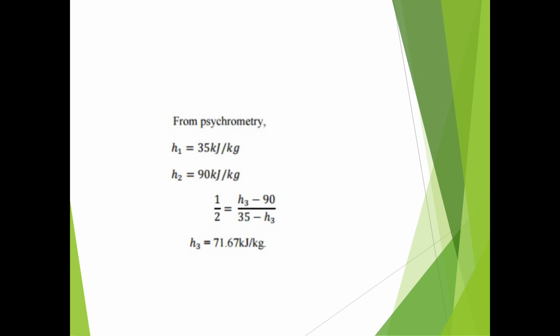From the psychrometric chart, we can determine that H1 is equal to 35 kilojoule per kilogram and H2 is equal to 90 kilojoule per kilogram. Based on that, 1 divided by 2 is equal to H3 minus 90 divided by 35 minus H3. So the value of H3 will be equal to 71.67 kilojoule per kilogram.